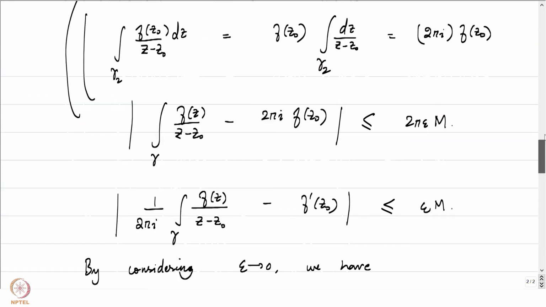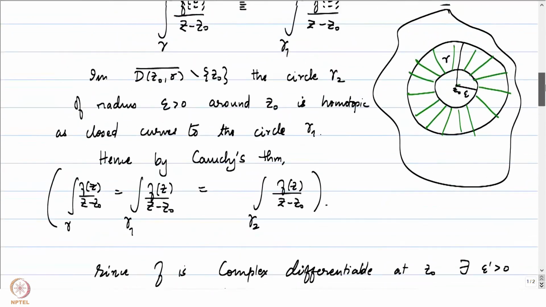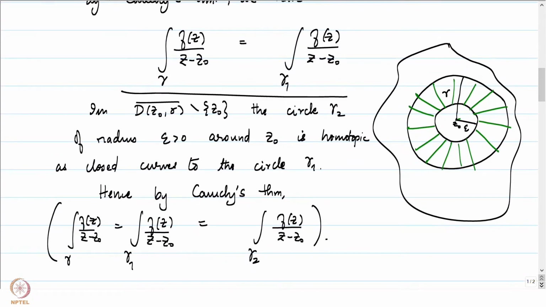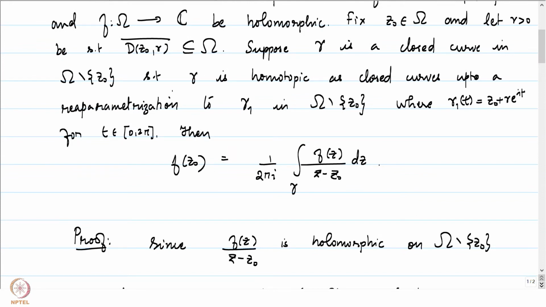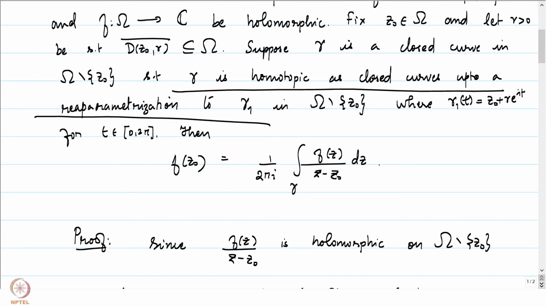Cauchy's theorem here was applied to f of z by z minus z naught rather than to the function f of z itself, and it was applied on omega minus z naught, not on omega. So we had to pick the curve gamma, which is homotopic as closed curves up to a reparameterization to gamma 1 in omega minus z naught rather than in omega.